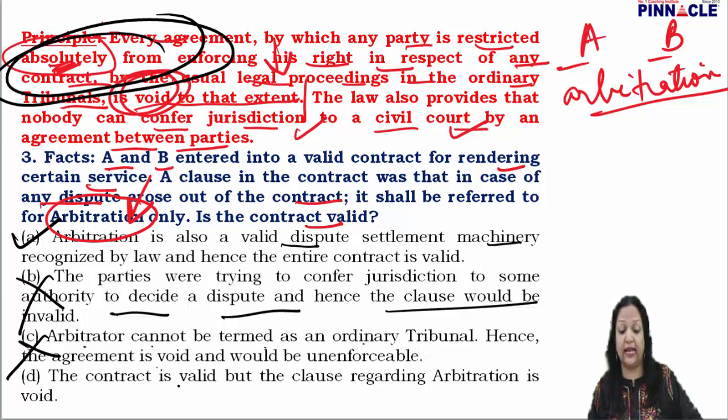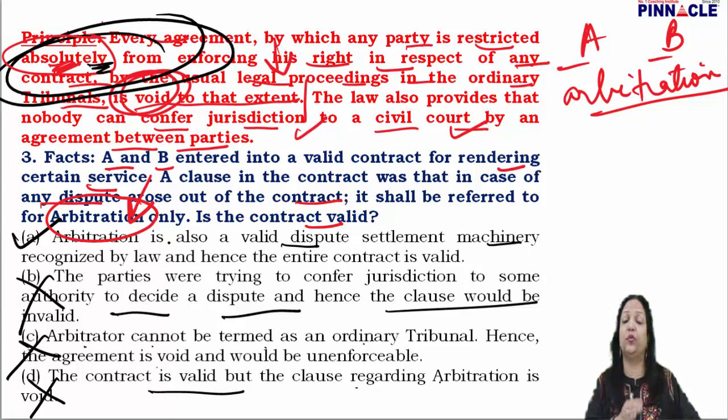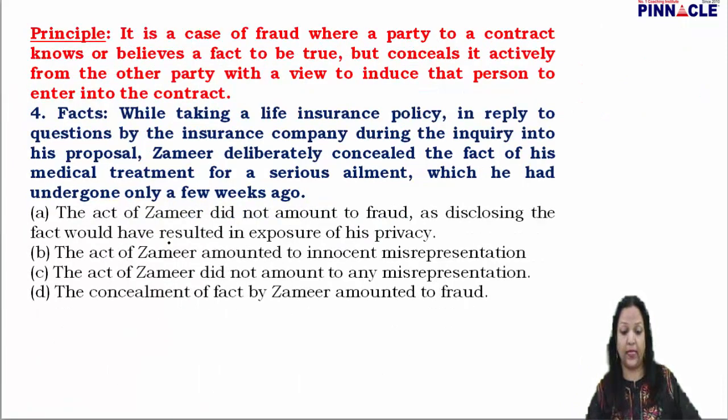No, this is also incorrect. Contract is valid, but the clause regarding arbitration is void. No, this is also incorrect. Okay, it had said in the principle that there cannot be absolute restriction, and here there is no absolute restriction. They have just said that if there is a dispute, then there is going to be arbitration. Fine. So correct, question number 3, my answer is A.